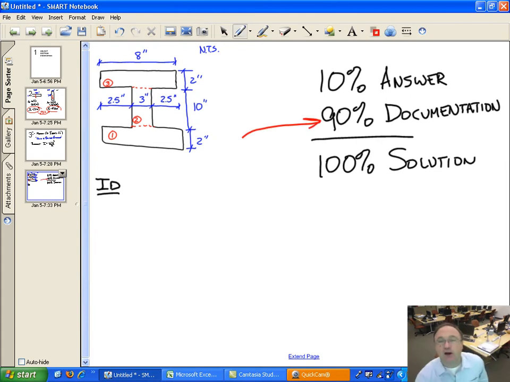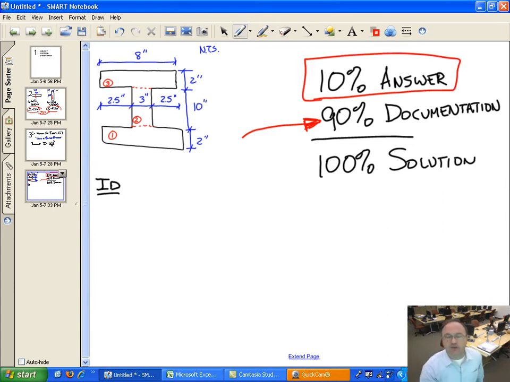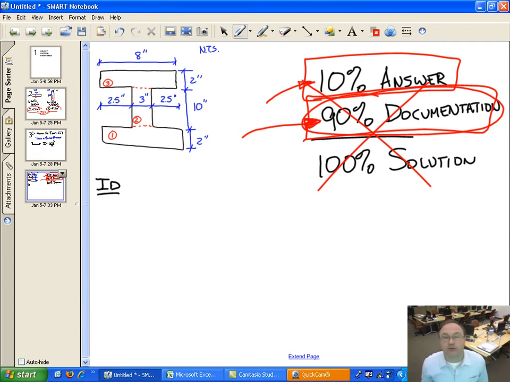If I can't duplicate your calculations, if I can't follow your progression of logic as somebody that's checking your work, I don't care if you have the right answer, that doesn't help us, because we need clear documentation on how you got that answer. So if we need it 6 months from now, 2 years from now, 5 years from now, if something's gone wrong and we're trying to figure out how you came up with this answer, if you don't have clear documentation on how you got that answer, it doesn't help us. Clear documentation is the key to understanding the progression of logic that arrived at the answer, so we can duplicate it.